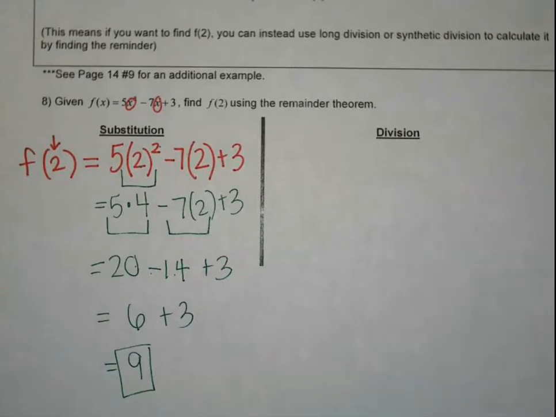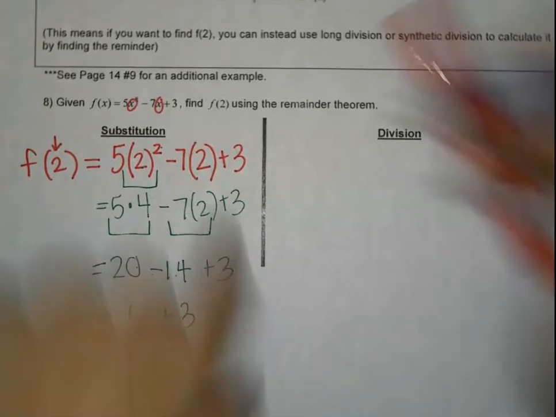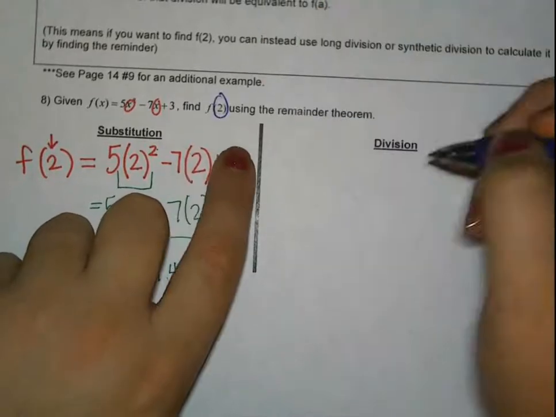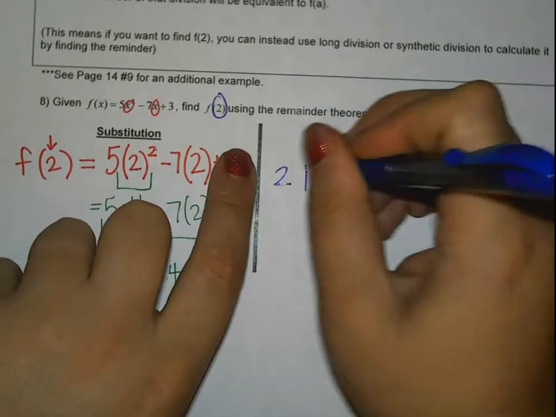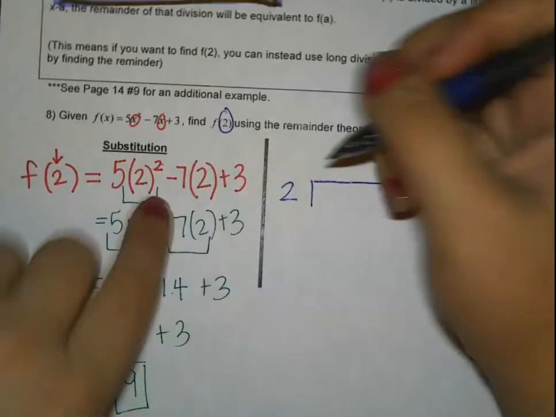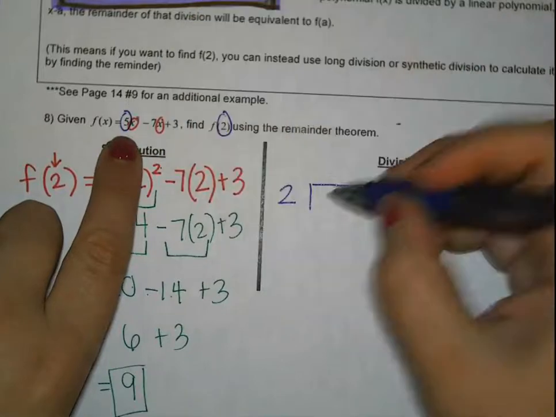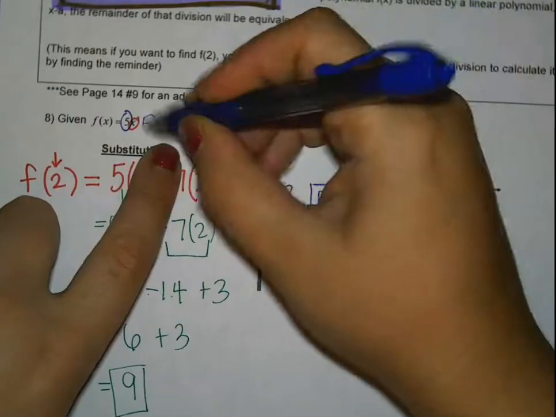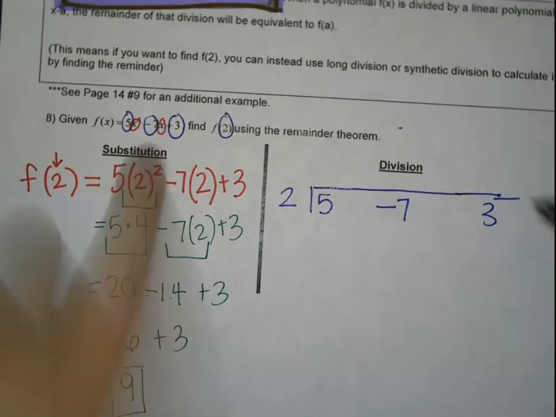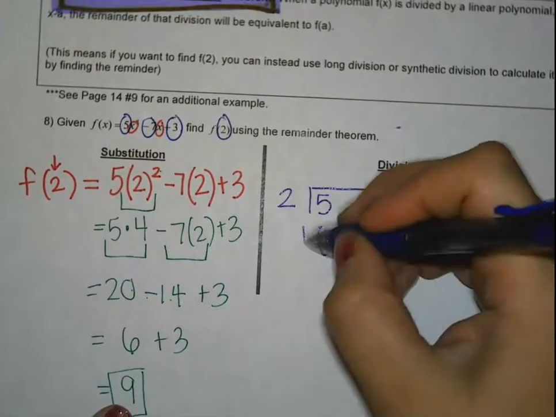Now what the remainder theorem is saying is that I could take this 2 here and I could use division. So I can use long division or synthetic division. So I'm going to go ahead and use synthetic division. So I could take the 5, the negative 7, and the 3, and I'm going to put a 0 here.